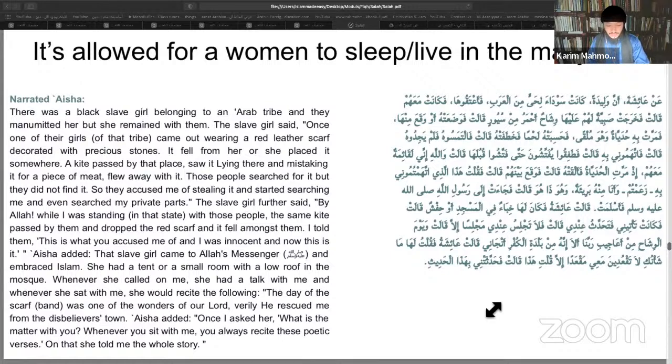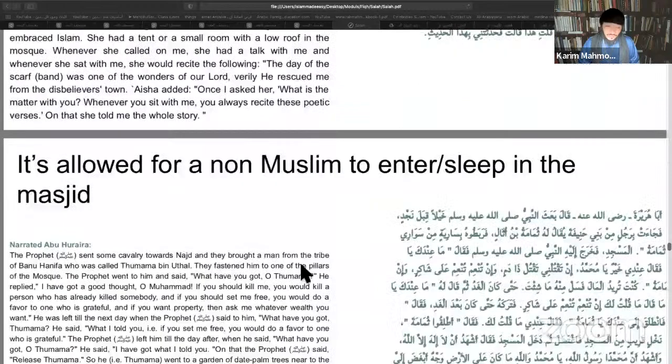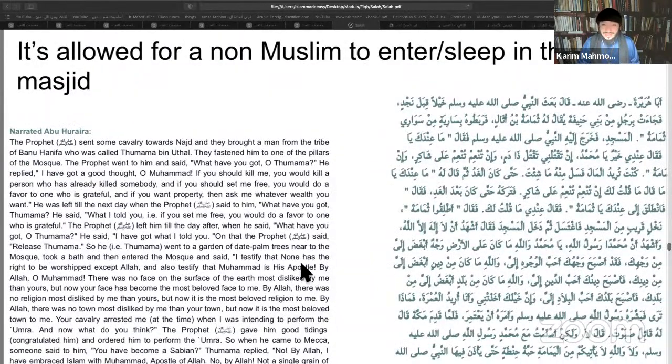The Prophet ﷺ had a Muslim woman that had no home. She was also homeless, and he ordered for her to have a tent in the masjid, and she lived in the masjid, and she was the person taking care of the cleaning of the masjid. So obviously she had menses and not menses, and she stayed in the masjid the entirety of the time. So therefore it is allowed, especially if there are classes in the masjid going on for girls and things like that. That would deprive them, of course, from attending all of these things.